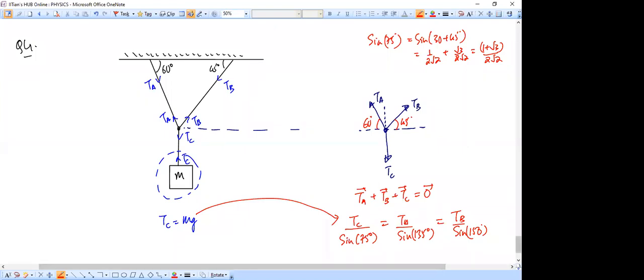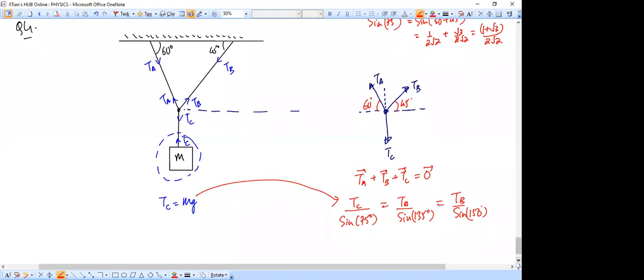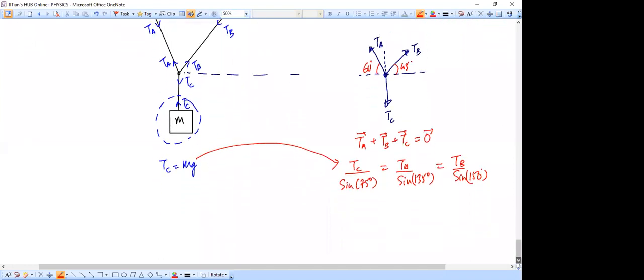Okay. Now, moving on to the fifth question. Fifth is the only one I think in the assignment which is a little bit tricky. So I'll discuss in detail.